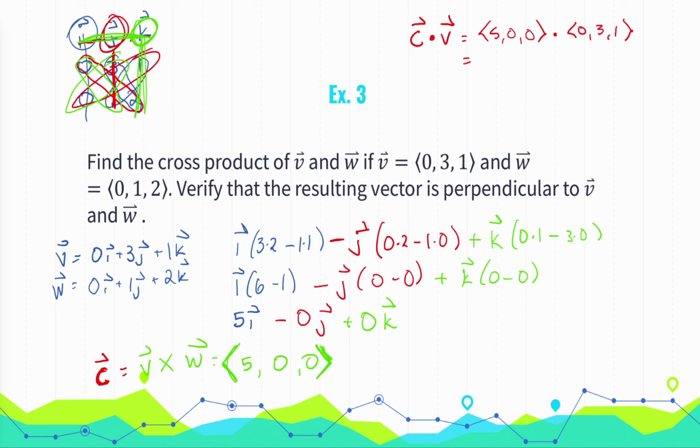You multiply the x's together, 5 times 0. You multiply the y's together, 0 times 3. You multiply the z's together, 0 times 1. And that's not a vector anymore. You get 0 plus 0 plus 0 equals 0. If the dot product is 0, they are perpendicular.